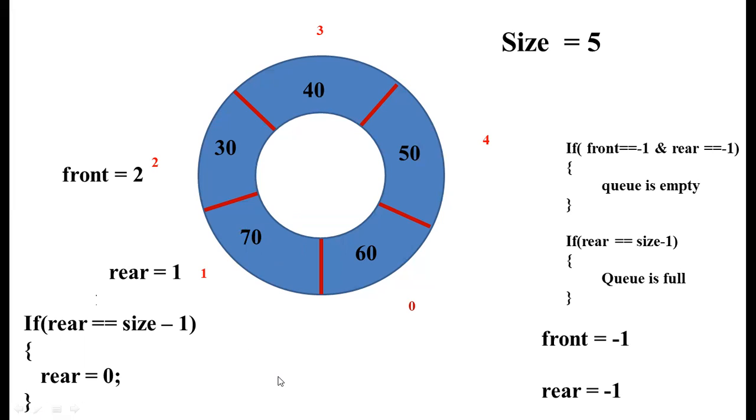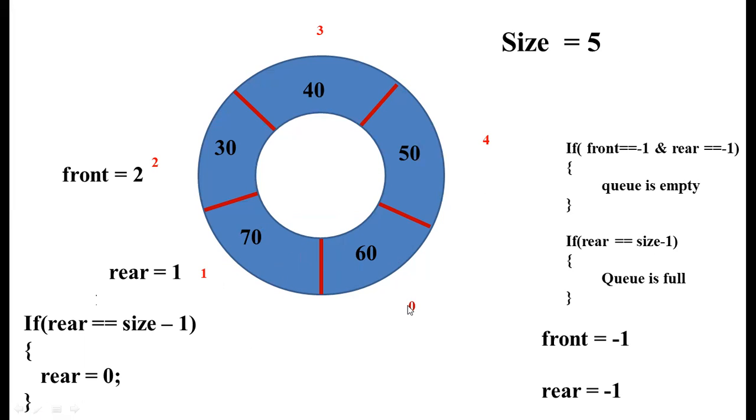Now you can see again the queue is full. We said that the queue is full if rear is equal to size - 1, that is 5 minus 1. But here rear 1 equal to size - 1 is false. The condition is false, but still the queue is full.